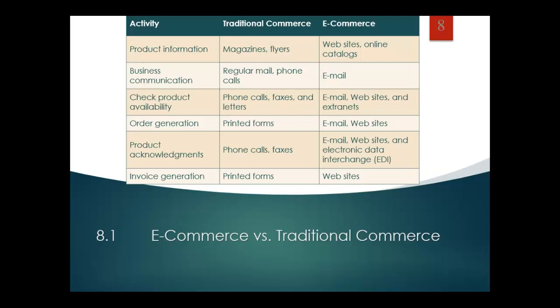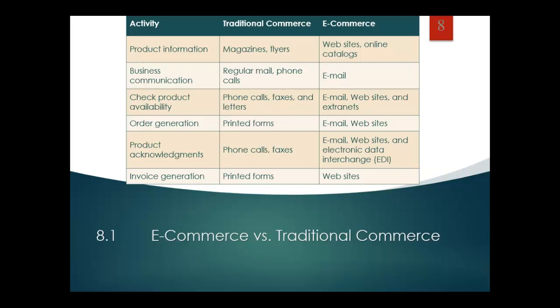Order generation, it went from printed forms to email or website. So if you think about catalogs, the internet really got its basis, like e-commerce online, from a catalog model where you would take your catalog that your company offered, such as Sears was a big catalog store, as well as J.C. Penney and Montgomery Ward.